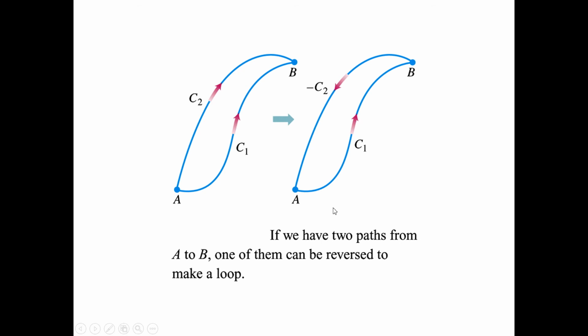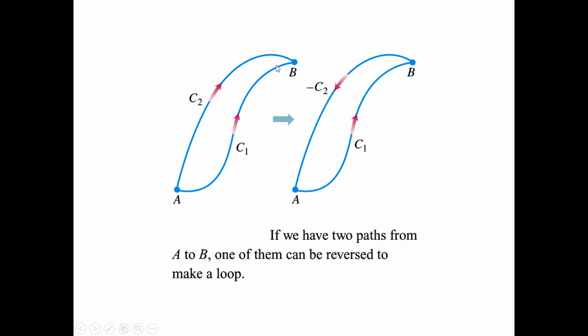So if we have a path like this, we have two points. C1 is a path from A to B. There is another path C2 from A to B. But if we want to make these two paths a closed path or a closed loop, we can reverse the direction of one of the paths.